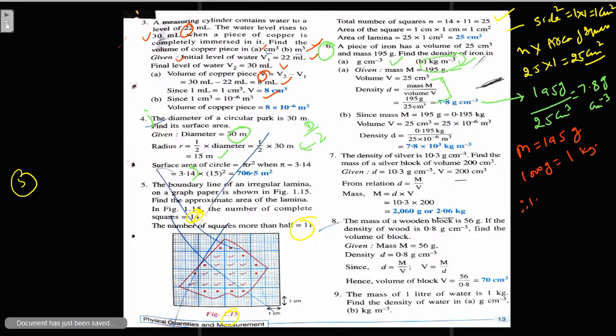Therefore 195 gram would become 1 upon 1000 into 195, equal to 195 upon 1000. So 3 zeros, 3 decimals, the decimal place is 0.195 kilogram. So this all is done here.